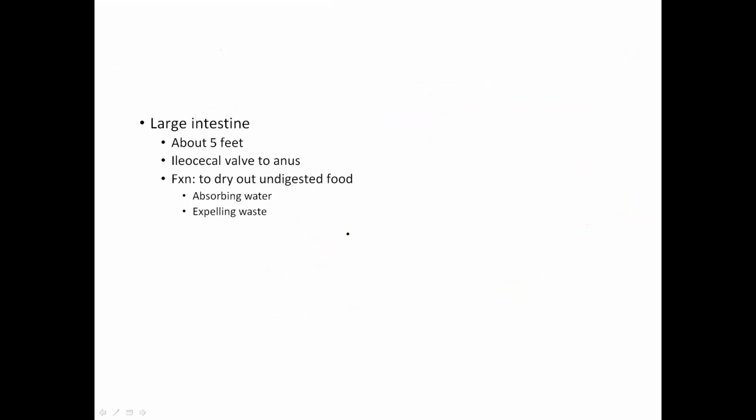Okay, the large intestine is about 5 feet in length. It goes from ileocecal valve to anus. Its job is to absorb water and then expel waste. So if your body loses the ability to absorb water, then you get diarrhea.